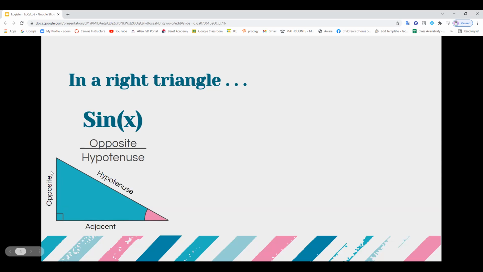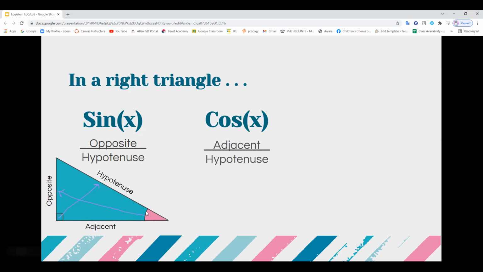So opposite is the side right across from the angle, and hypotenuse is always going to be the side across from the right angle. So this would be opposite, and hypotenuse would be right across from the right angle. We also have cosine of x, if this angle is x, and that is the adjacent over the hypotenuse.